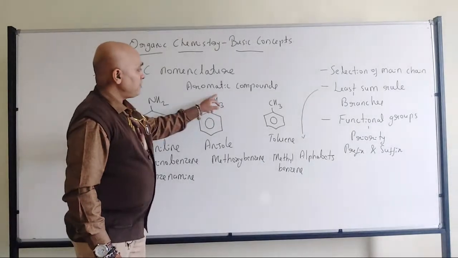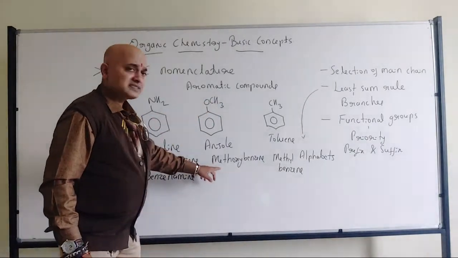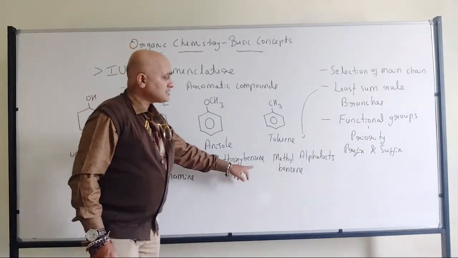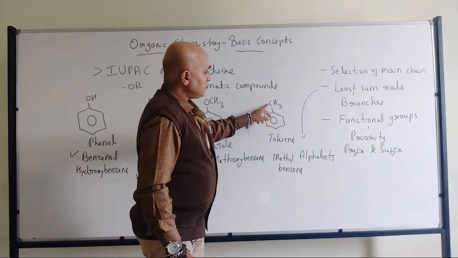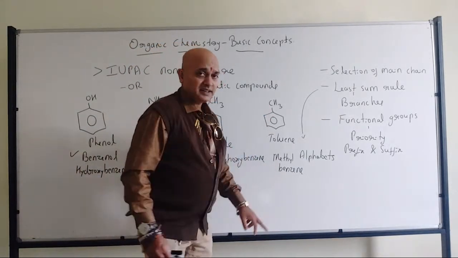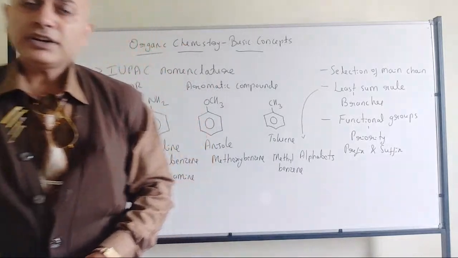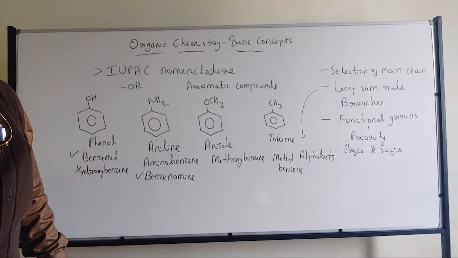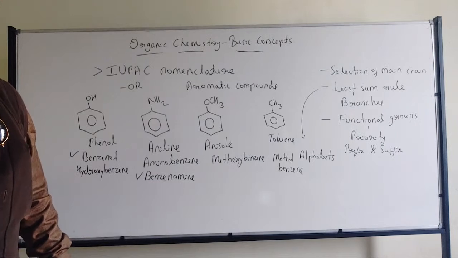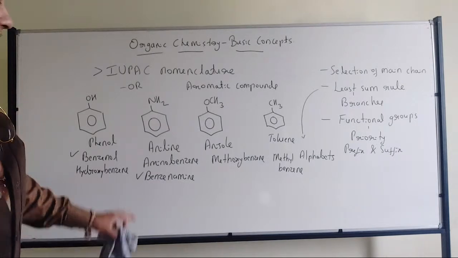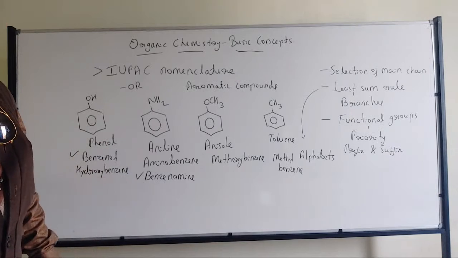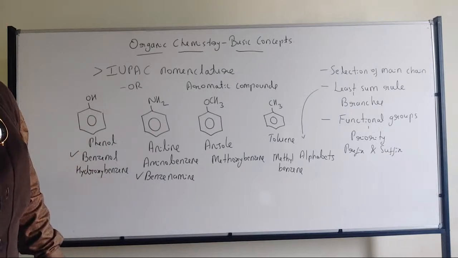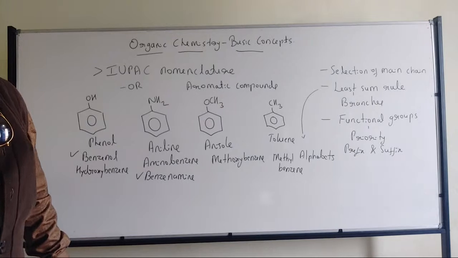But whenever we have an alkoxy group, it is used as a prefix, methoxybenzene. Alkyl group, methylbenzene. All of you have understood? But toluene is also accepted. Anisole is also accepted, even with respect to IUPAC naming. Anisole, aniline, all of them are accepted as IUPAC names also.